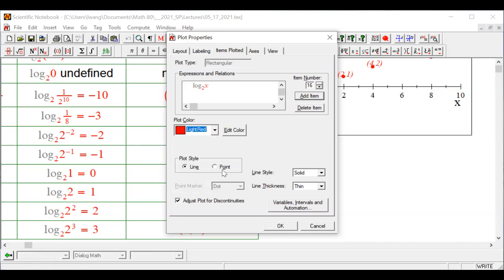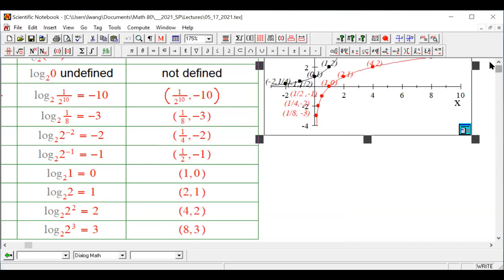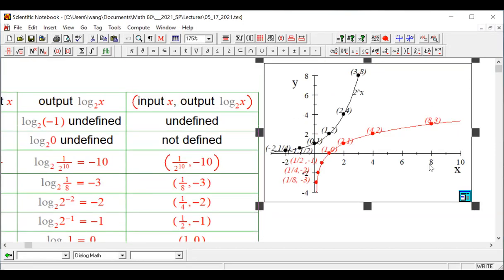We're going to use a red curve to connect those dots, and that's the graph of log base 2 of x. You follow me? Everybody?